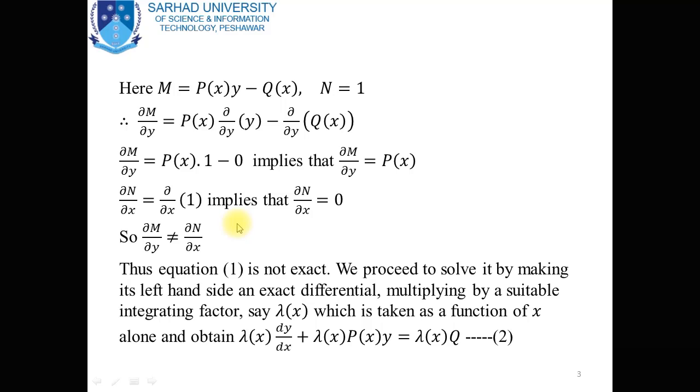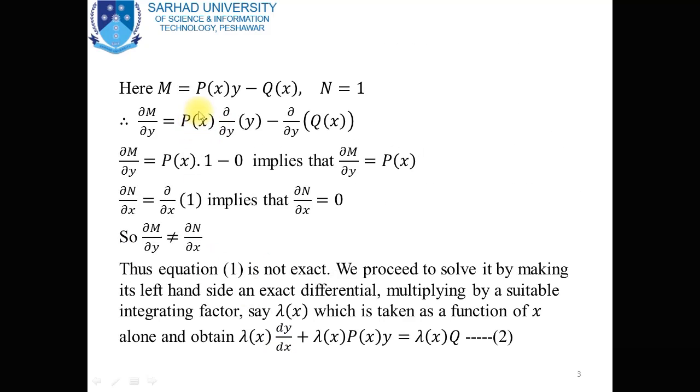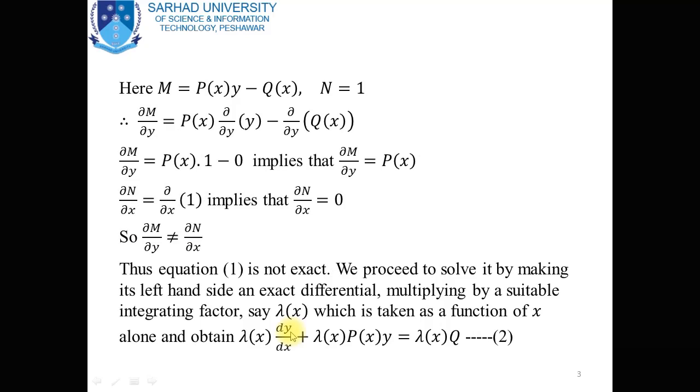Now here in this equation, the M term is equal to P(x)y - Q(x) and N is equal to 1. So to check whether this differential equation is exact or non-exact, we take the partial derivative of M with respect to y.